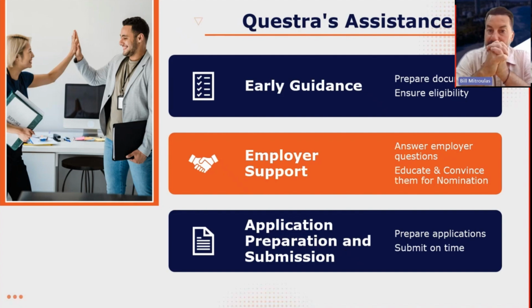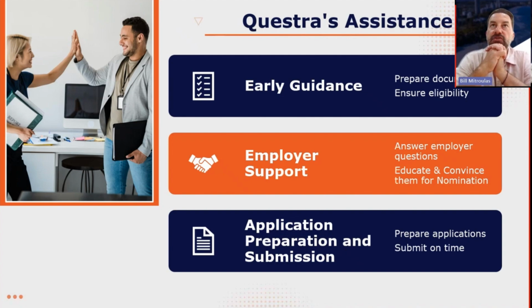In terms of employer support, what typically happens with employer nomination or employer-sponsored visa, if it's an existing client, obviously we're in touch with your employer on a regular basis.